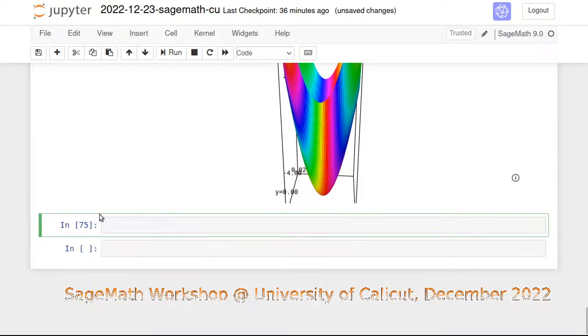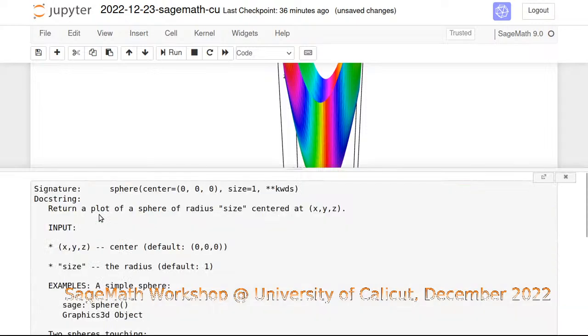So, just as in the case of two-dimensional plotting, as we can draw a circle, we can draw a sphere. For drawing a sphere, we need to simply specify the center and size. Size corresponds to radius, and center at x, y, z.